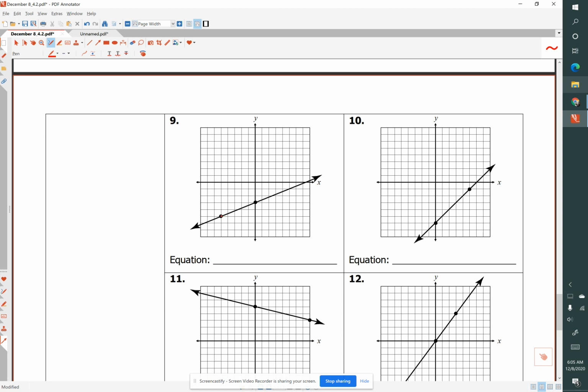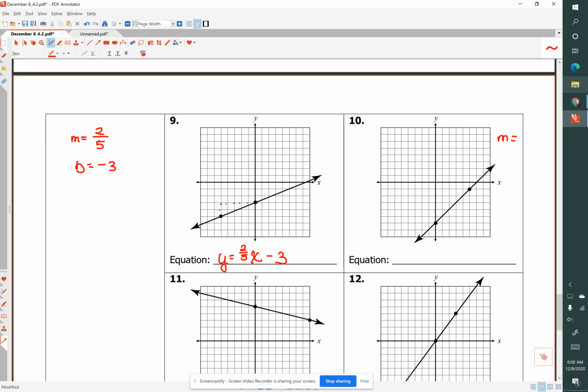So the slope is 2 over 1, 2, 3, 4, 5. 2 over 5. The y-intercept is -3. So y equals 2/5 x minus 3. So on number 10, the slope, now look at this.